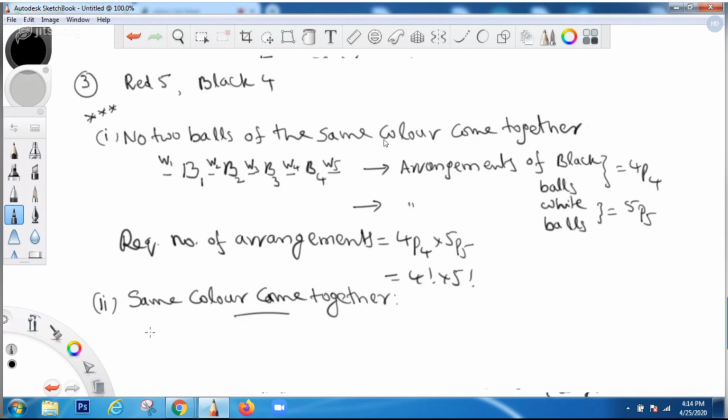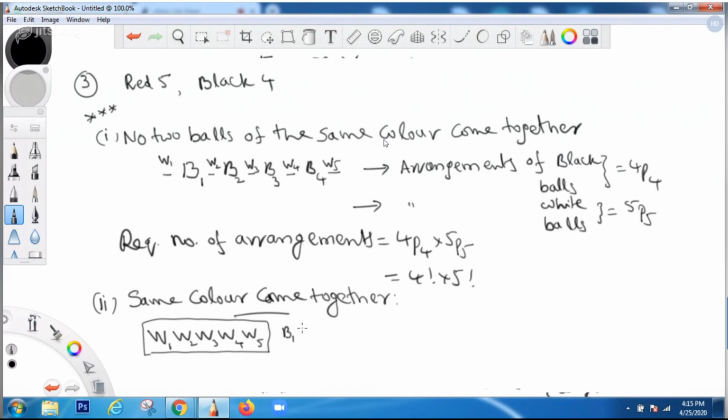So if the same color has to come together, let us take white 1, 2, 3, 4, 5. We put a tie for them, and the blacks are there now.